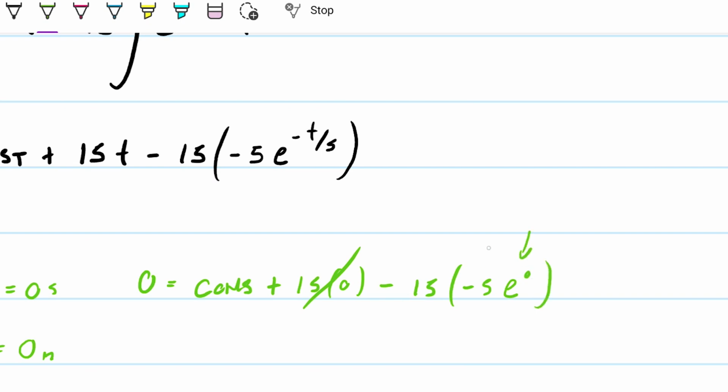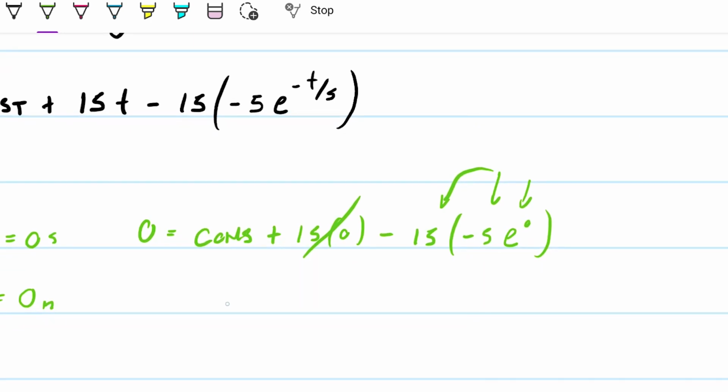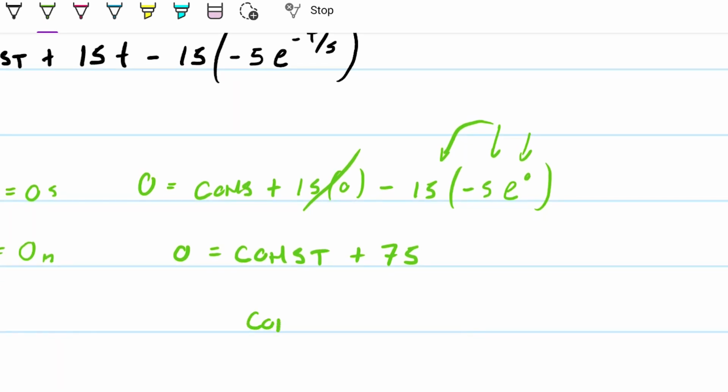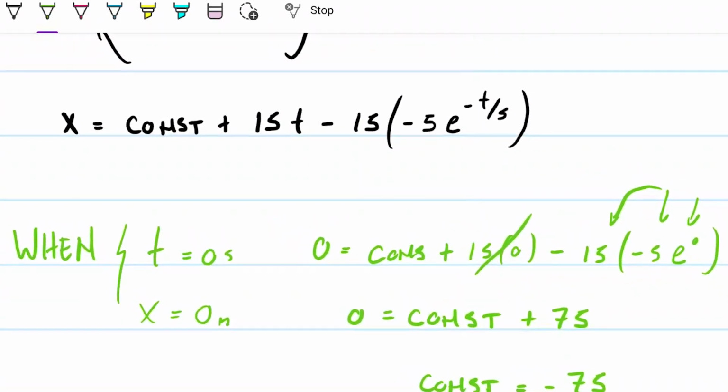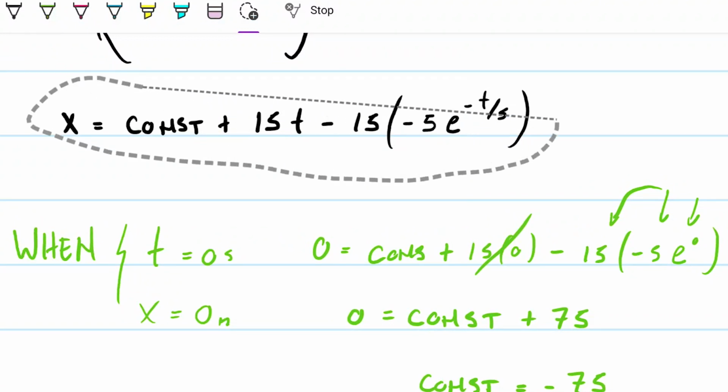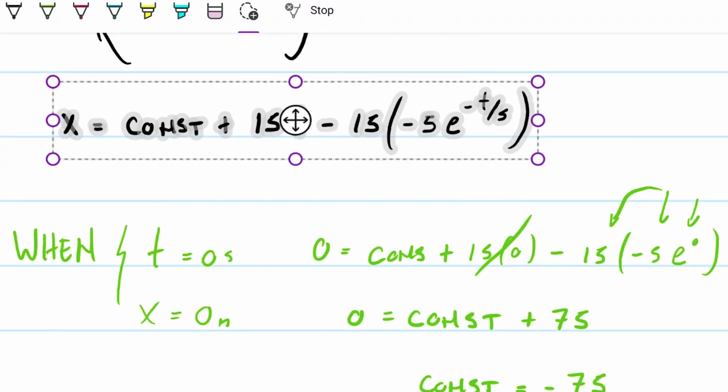So this is 1, this is minus 5, and minus 15 times minus 5 is 75. So the constant, let me just do one more step, the constant plus 75 equals 0, and therefore the constant equals minus 75. And if this is true, then where we have a constant, we just put the minus 75.